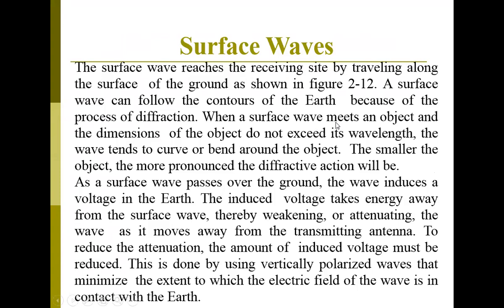When a surface wave meets an object and the dimension of the object does not exceed its wavelength, the wave tends to curve or bend around the object. You have seen in the diagram that the signal is transmitted from the transmitting antenna and received at the receiver antenna along the surface of Earth, which is curved in shape, that is, in contour form.